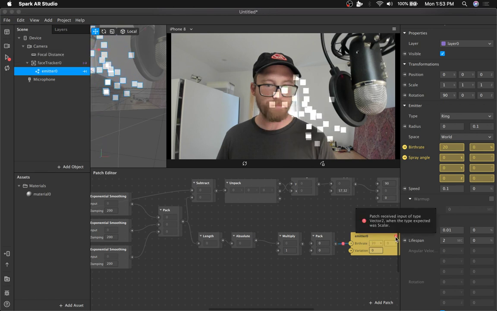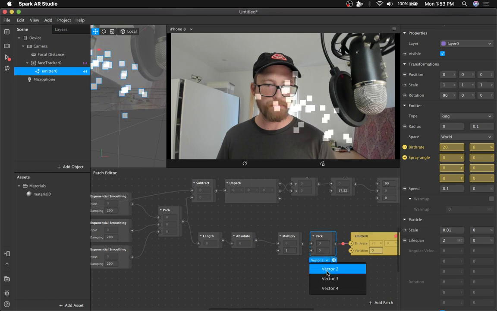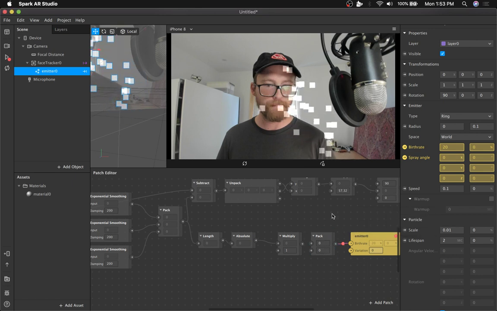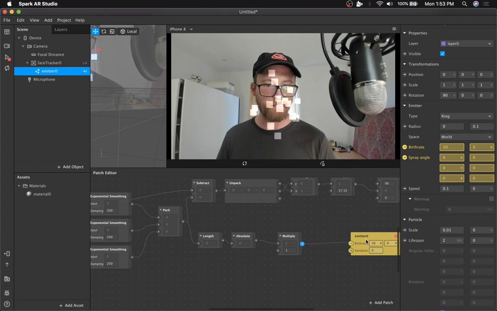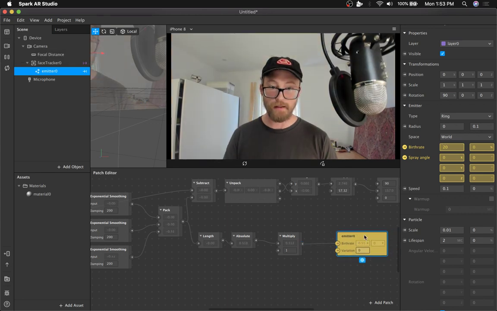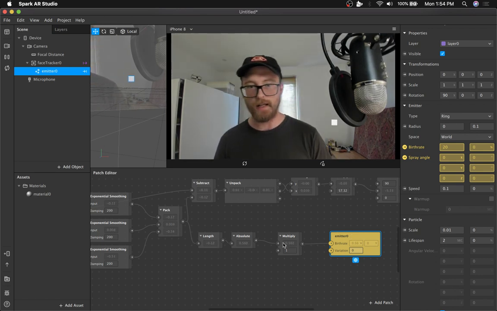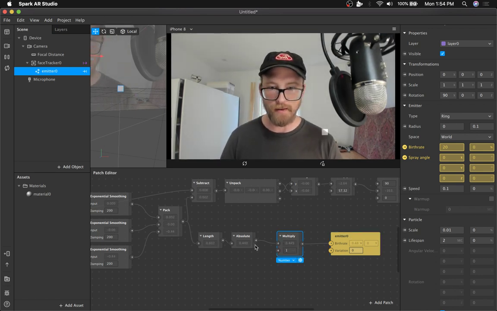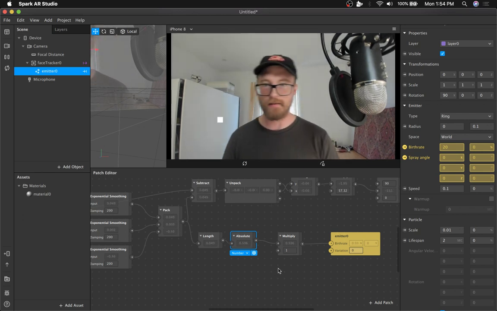No. Okay, it just wants a scalar. And that works for some reason. I think this type is just wrong for some reason. So you can see not much is happening because this length value is not very big.